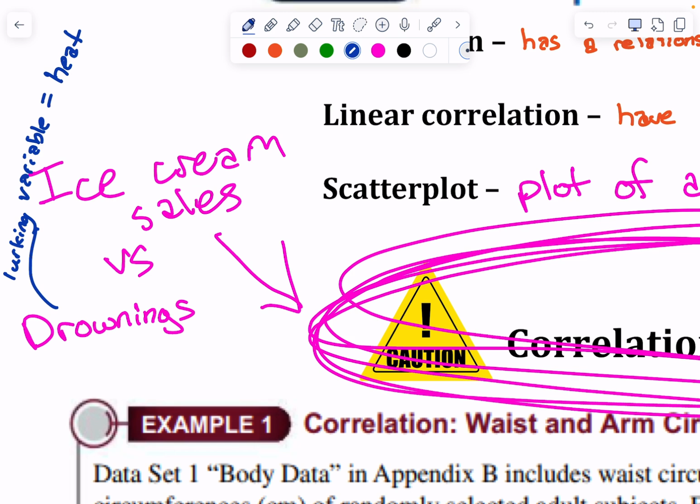So just because those two are increasing at the same time does not necessarily mean that one is causing the other one to happen. This is a huge issue right now when people are trying to look at correlation between COVID numbers and something, like COVID deaths versus this. They do this a lot with vaccines, comparing vaccines versus autism. That's a huge one. We watched a TikTok on it.